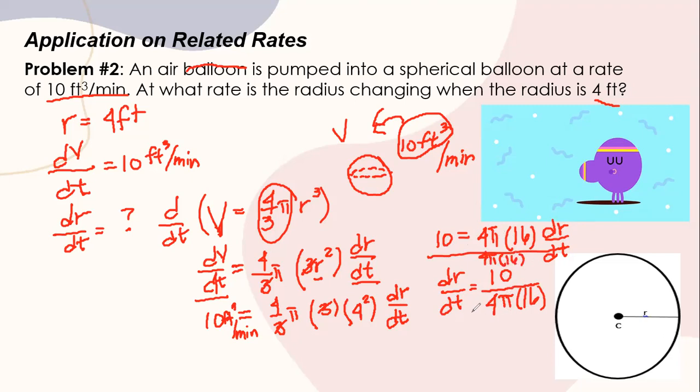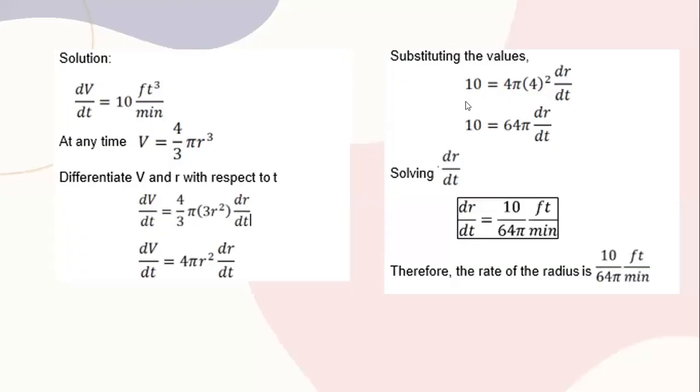Okay, so we have dr over dt is equal to 10 over 4 pi times 16. Okay, so dr over dt is equal to 10 over 64 pi feet per minute. Okay, and that will be our final answer.